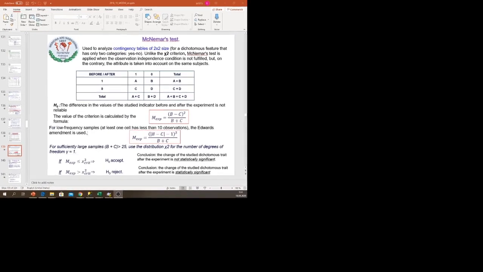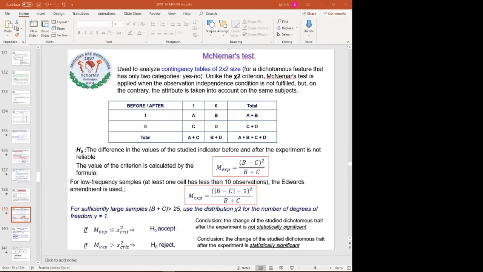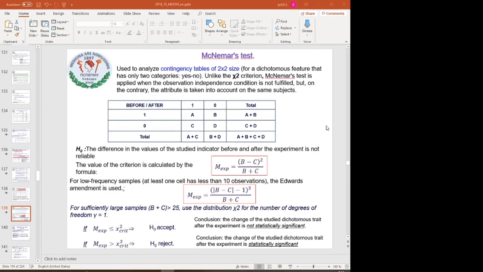The last lecture finished with contingency tables and the variant of the chi-square criterion that is called McNemar's test. McNemar's test is introduced for a four-field table, a 2 by 2 table, but the rows or columns are not independent as in the usual chi-square test.